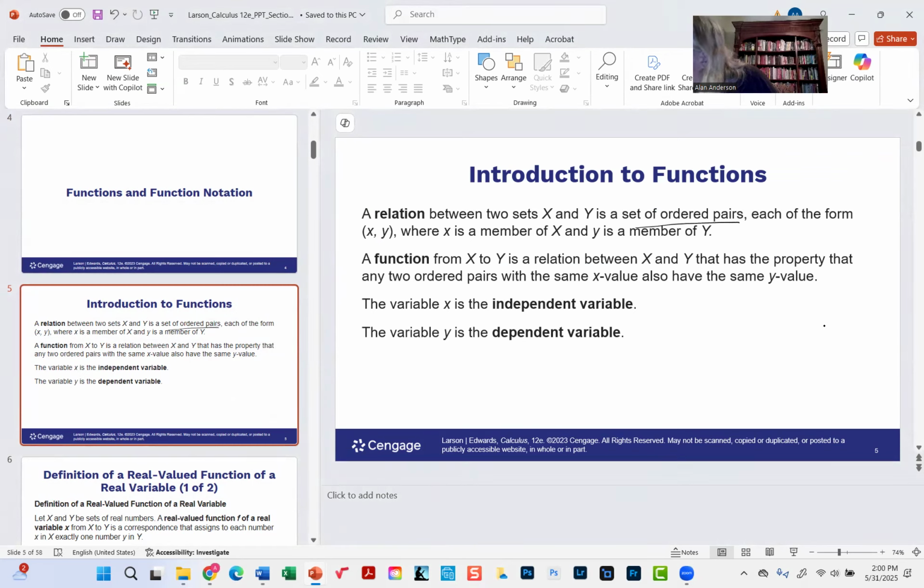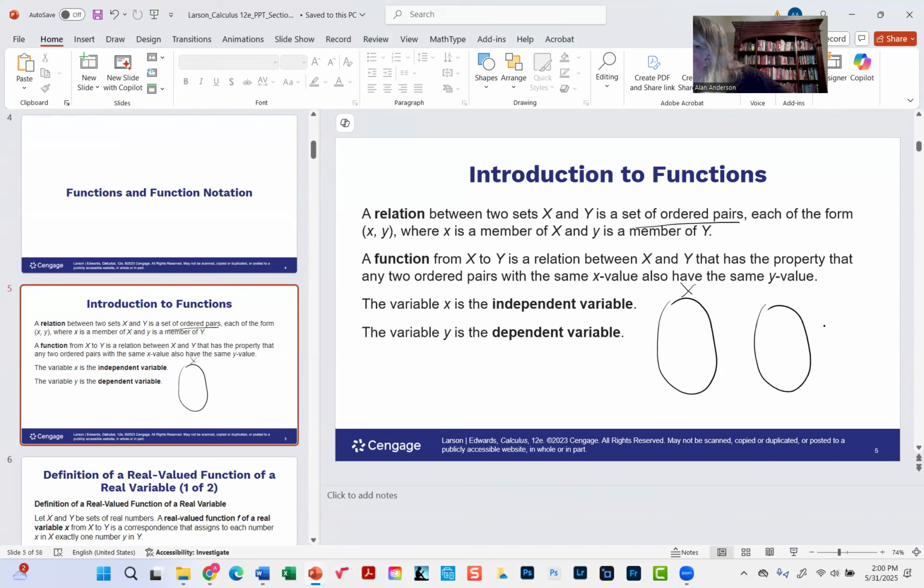And a function is a relation that has that extra property that each x is uniquely associated with a unique y. Okay. And so let's say we have something like this. So you can draw these special graphs.